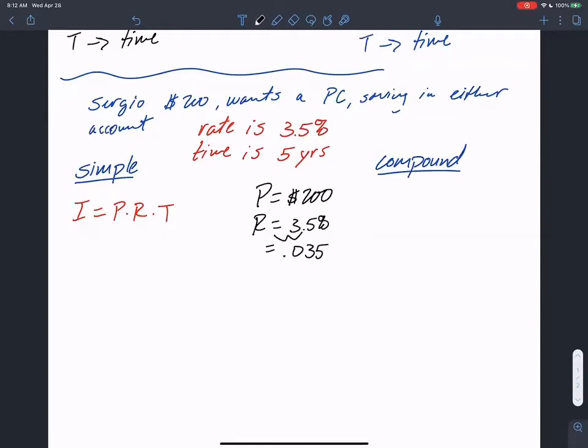And then time. Time is just 5 years. Okay? For the most part, you'll always move 2 places to the left. And a good way to check is like this. Okay, this is just a side example. What if you had $100? 5% of $100 is $5.